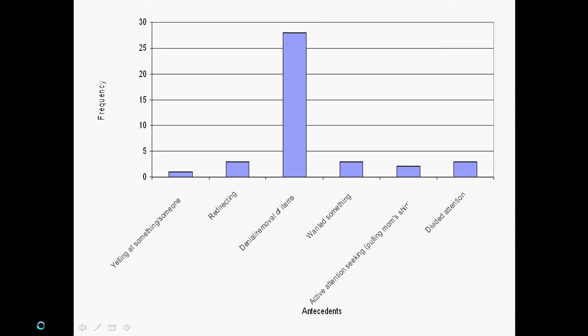So chances are we can already establish here that when the child is denied an item or when we remove an item from the child, challenging behavior is going to occur. This again is going to help us in planning an intervention or modifying how we approach the child in these types of situations.